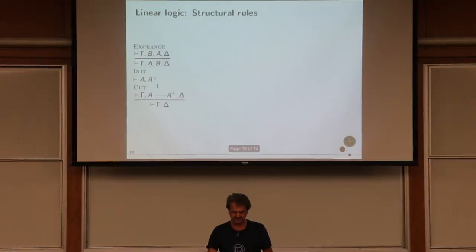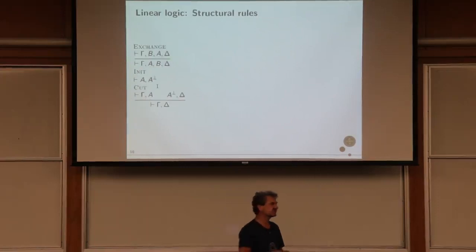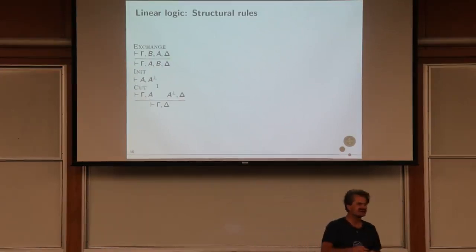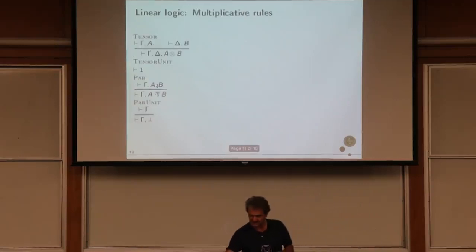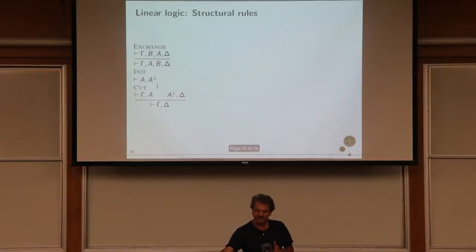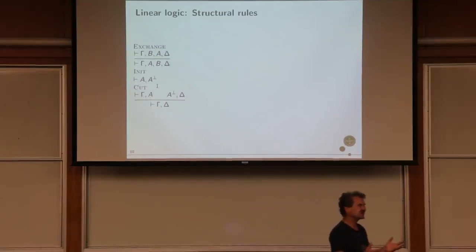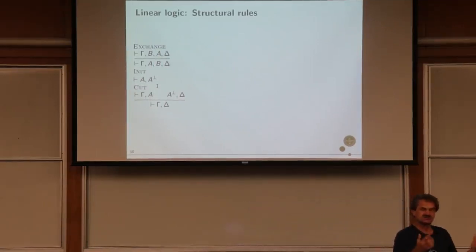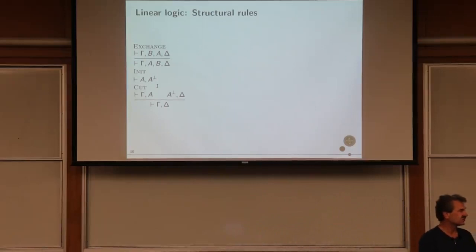So let's look at those rules. Maybe the best thing is to look at these first. Let's just look at the structural rules and the multiplicative rules. Is there a way of relating this to this notion of the kernel of a sum function over a coproduct of resources? Think of it really intuitively.